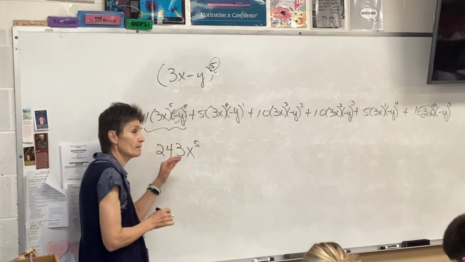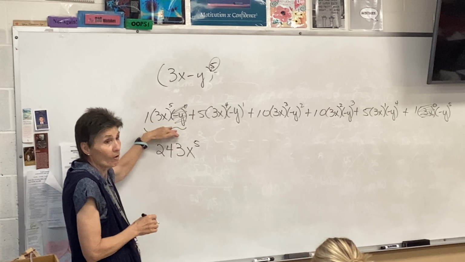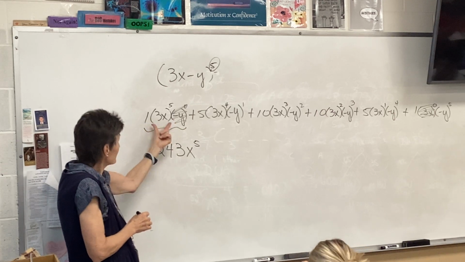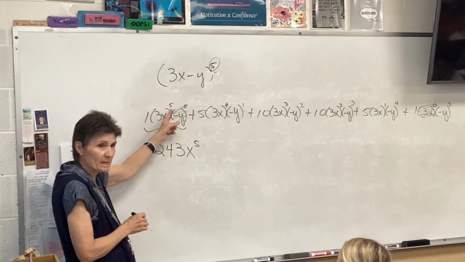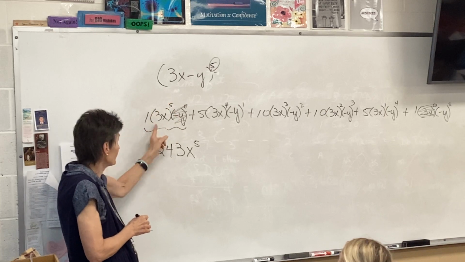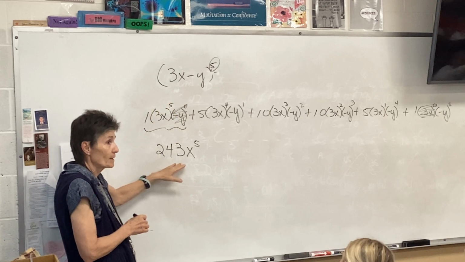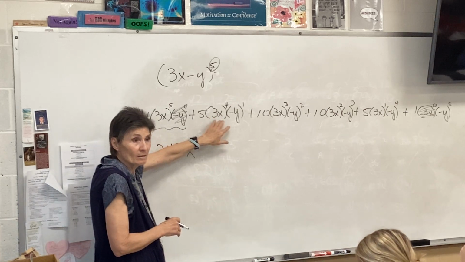Guys, we have talked about this. This is a trap. And if you're not awake, you're going to fall for it. See that parentheses to the 5th power? What does that mean? 3 to the 5th, x to the 5th. They both get the 5th. They always will. Here, they're both going to get the 4th.